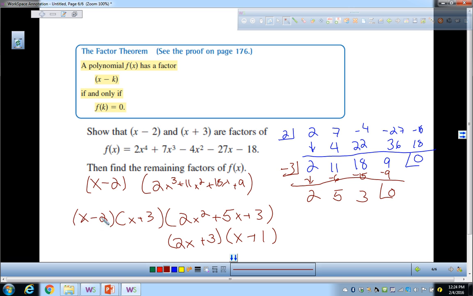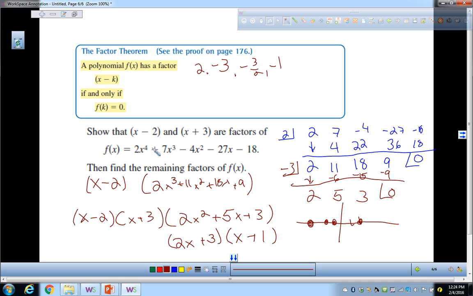So now it's completely factored, which means that you have zeros at 2, negative 3, negative 3 over 2, and at negative 1. If I were going to graph this real quick, I'd have a 0 at 2, a 0 at negative 3, a 0 at negative 1.5, and a 0 at negative 1.